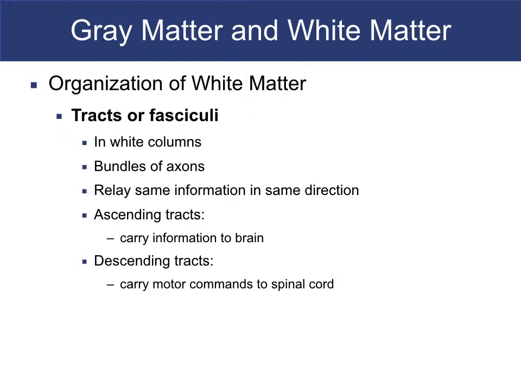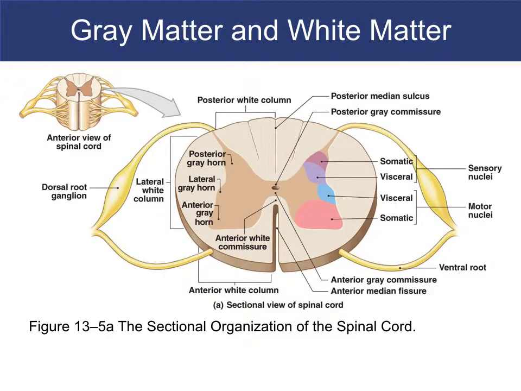You can't see them even under a microscope, but just know that they are organized in these manners. We call some of them ascending tracts because they're carrying messages up to the brain, and some of them descending tracts because they're carrying motor commands down to the spinal cord.